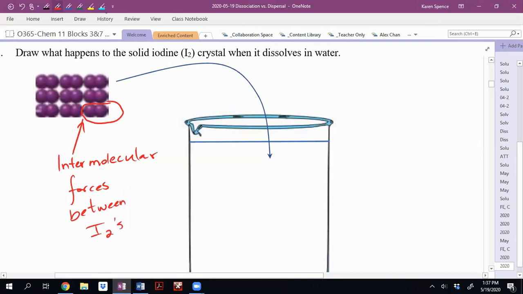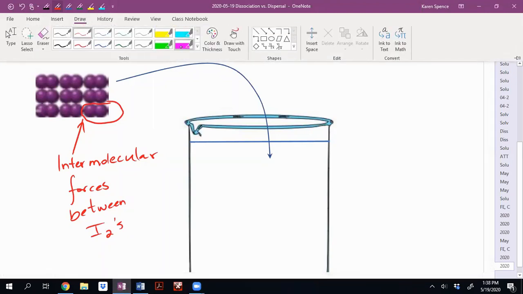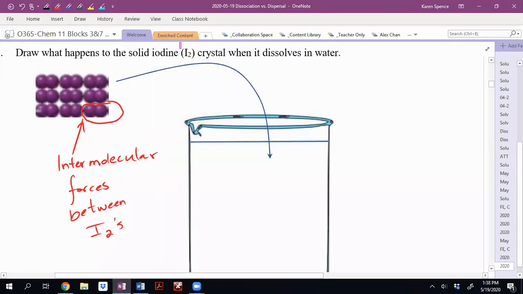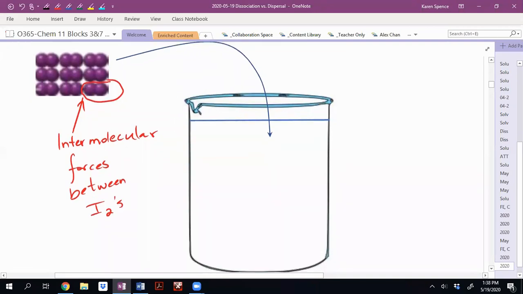So what would it look like when we have I2 in the beaker? What would those particles look like?